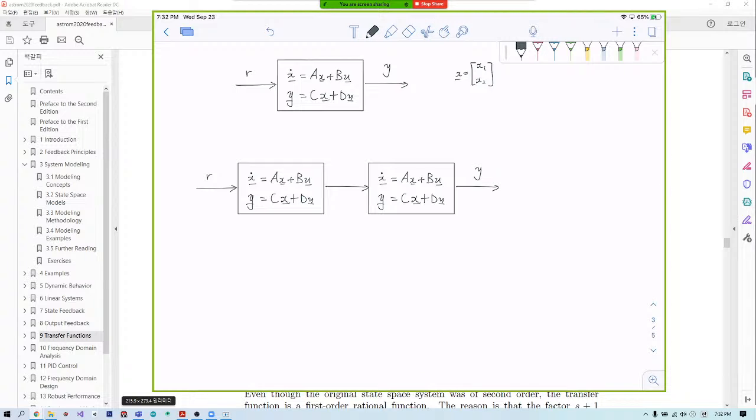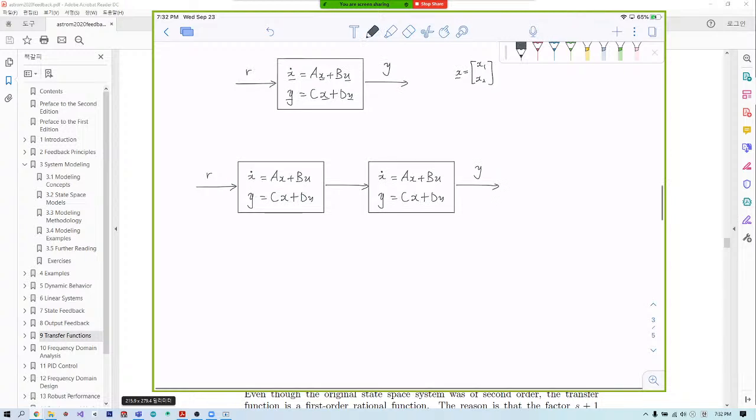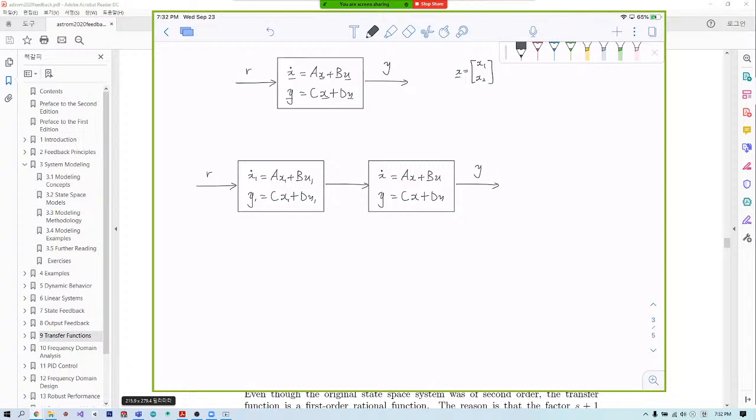These are all scalars in this case, not vectors anymore. We can compute x1 from these relationships, and then y1 is another input for the second state space form.